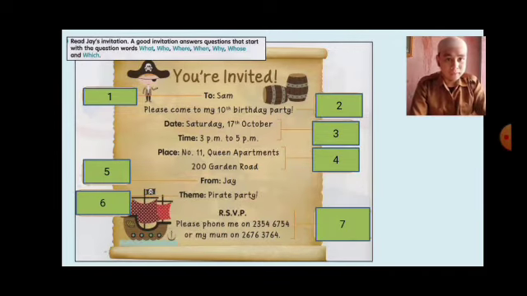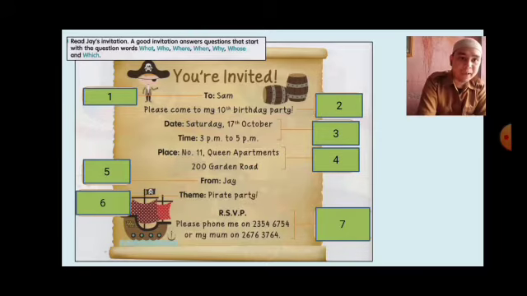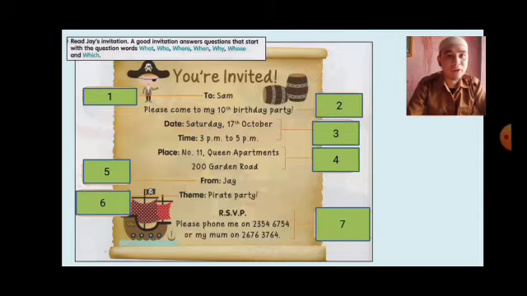Time: 3 p.m. to 5 p.m. Place: number 11 Queen Apartment, 200 Garden Road. From J. Theme: Pirate Party. RSVP: please phone me on 2354 6754 or my mom on 2676 3764.